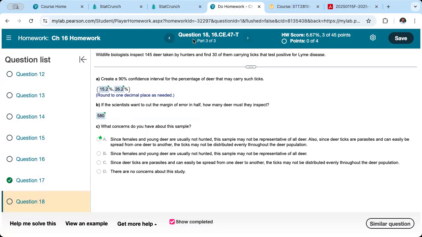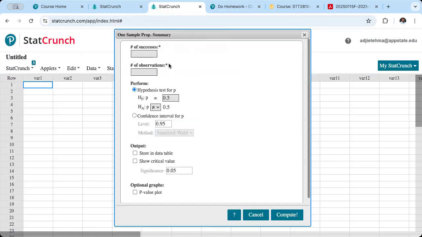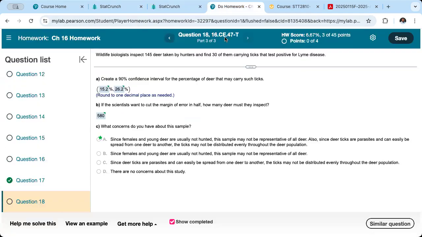Is that okay? So we come here, 145 and then this is 30. Right? 145 and then this is 30.